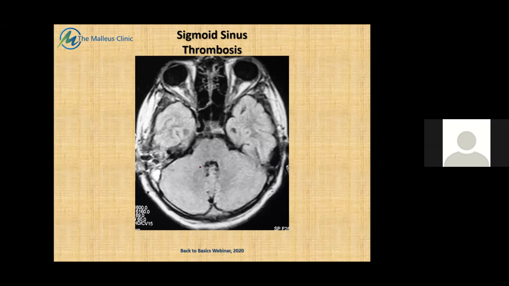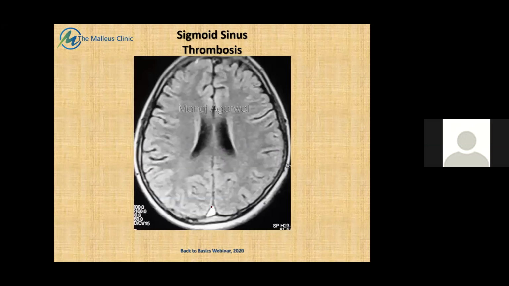Same patient, we go a little higher up, and we see that not only is it the lateral sinus involved. I'm sorry, on the right side is the continuation of the sagittal sinus, and on the left side, it is a continuation of the transverse sinus.